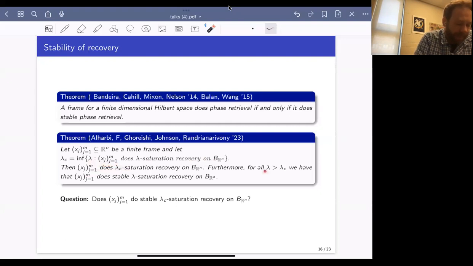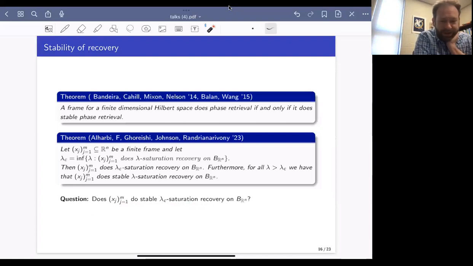And also, for any lambda bigger than this critical level, our frame does stable lambda saturation recovery. So if you give yourself a little bit of room, then you get stability. And I don't know what happens at this critical level.